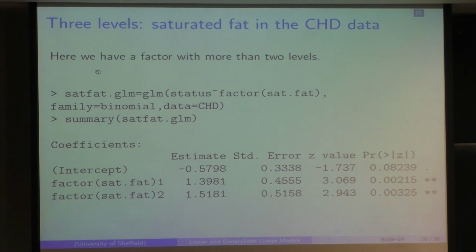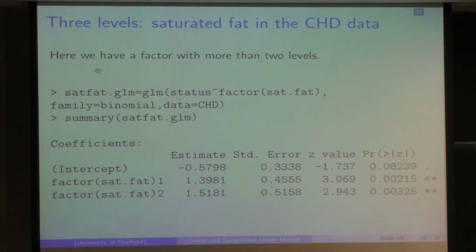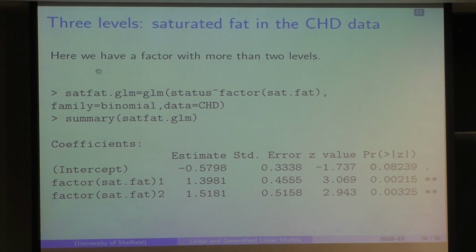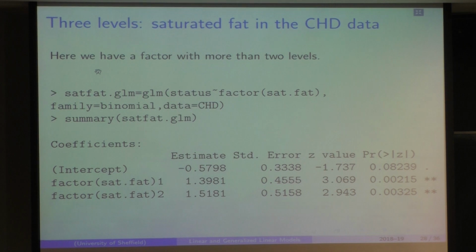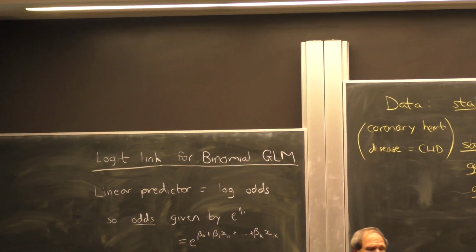That means that if we take e to the linear predictor, that actually gives us the odds. So we can write the odds, and if they're estimated odds, there would be hats on these betas. So we can take odds ratios by looking at ratios of terms which look like this.